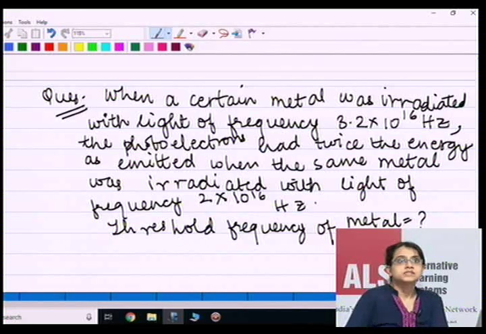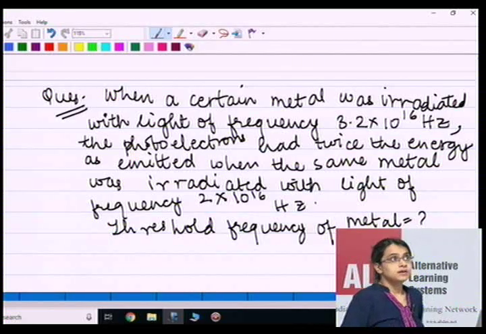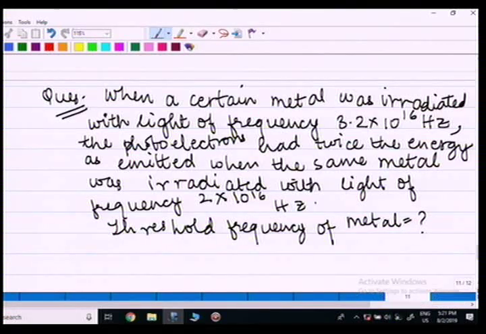Okay, slightly tougher question, but not tough enough that you won't be able to solve it. When a certain metal was irradiated with light of frequency 3.2 into 10 to the power 16 Hertz, the photoelectrons had twice the energy as emitted when the same metal was irradiated with light of frequency 2 into 10 to the power 16 Hertz.